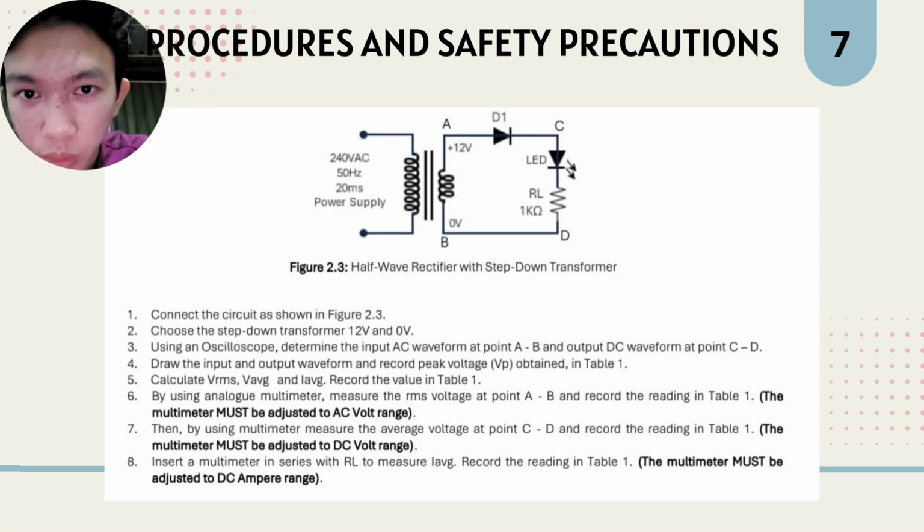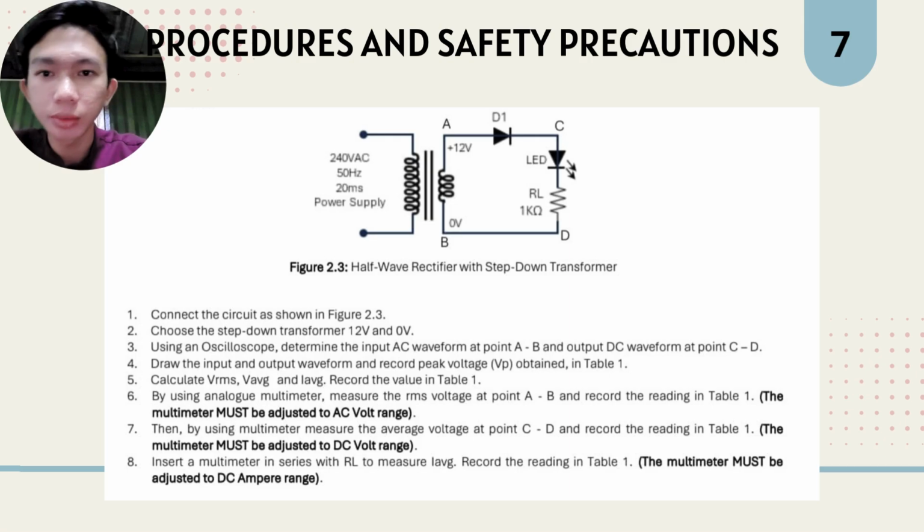So for our procedure and safety precaution, first of all, we need to connect the circuit as shown in figure 2.3, from the power supply to diode, diode to LED, LED to resistor 1K, and come back to the power supply.